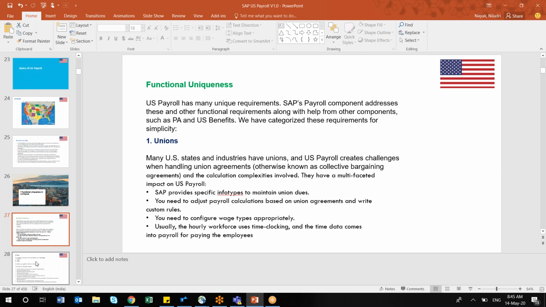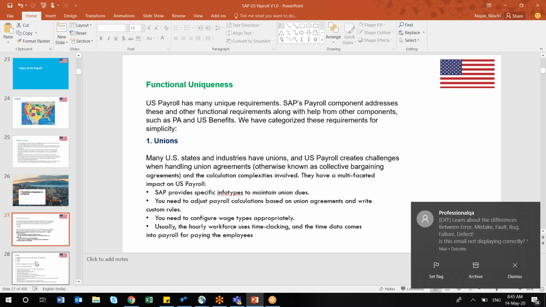Assuming it's a United Road Workers Union, those in California will say, for overtime we don't care about 1.5, every overtime in California will be twice the rate we pay for normal rates. Those in Colorado for the same union can say no, overtime for us is 1.5.